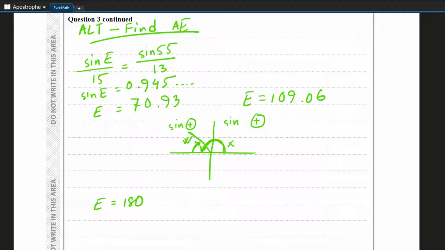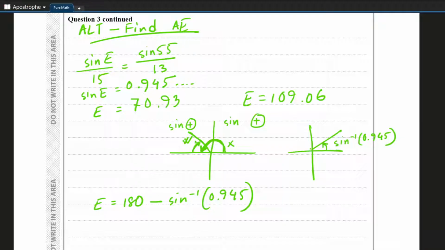We are going 180 in the positive direction, minus in the negative direction we are going sine inverse of 0.945. We are going this angle. If it was in the first quadrant, we would have gotten sine inverse of 0.945. Since it's in the second quadrant, it's this angle.